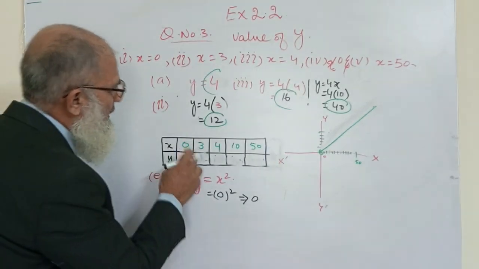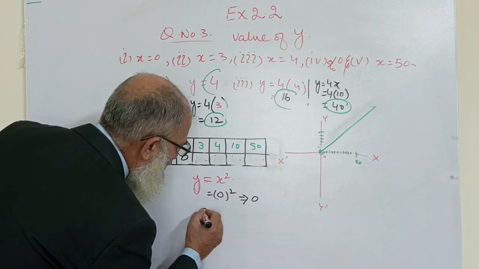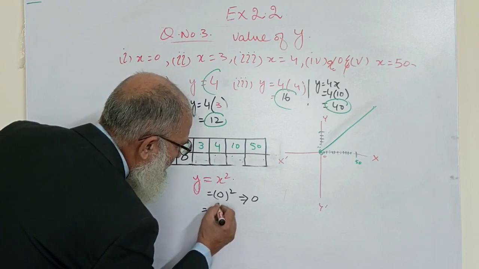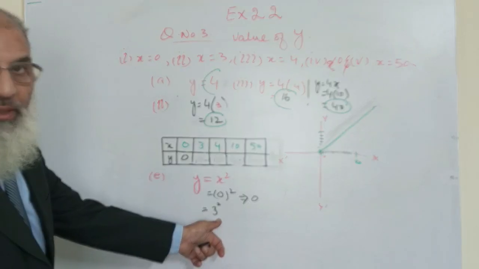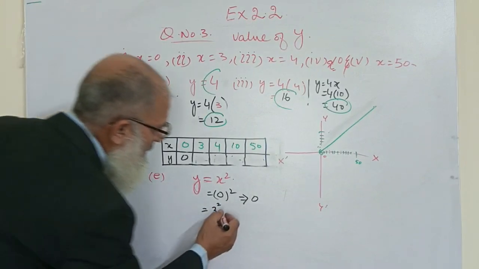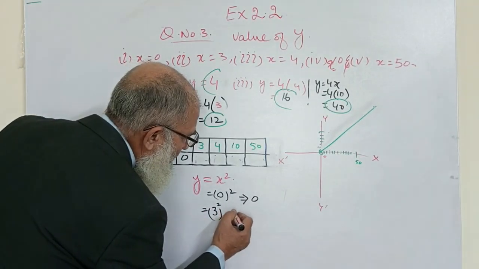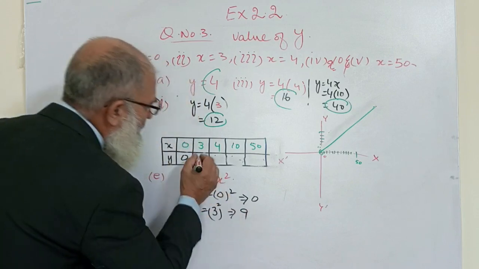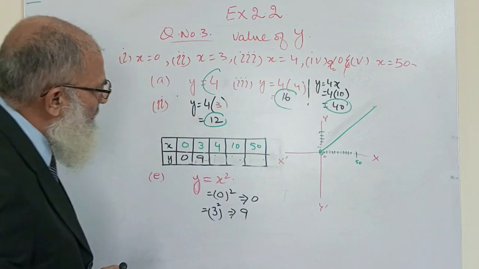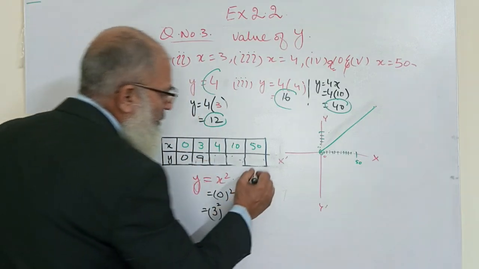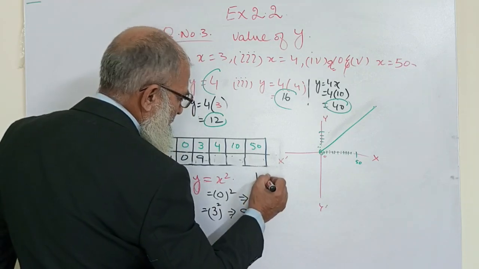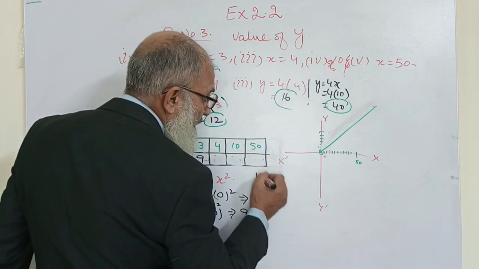Now, what for 3? You see that 3 raised to power square is equal to 9. Now, it is 9 over here. And similarly, you will find all the corresponding values of y.